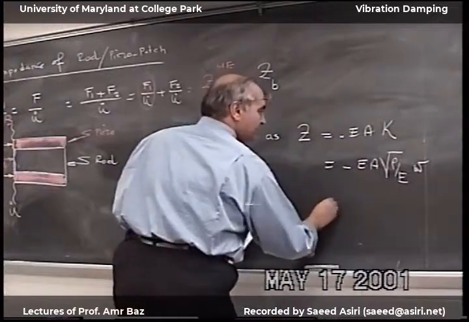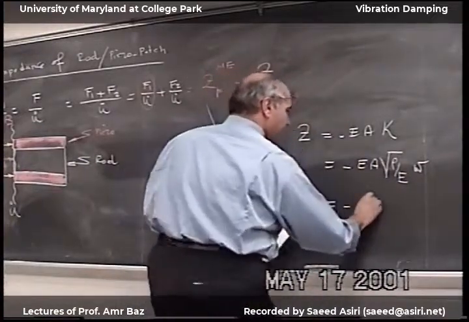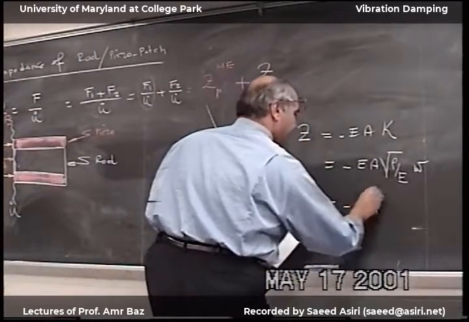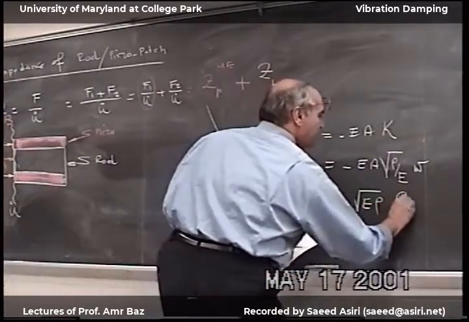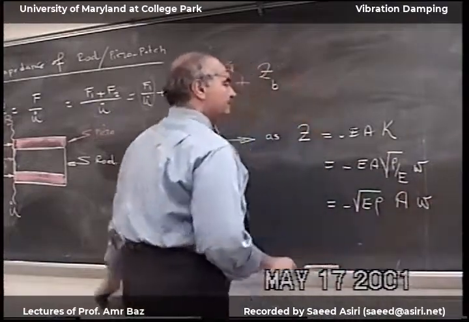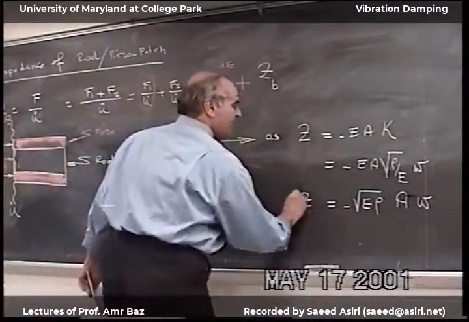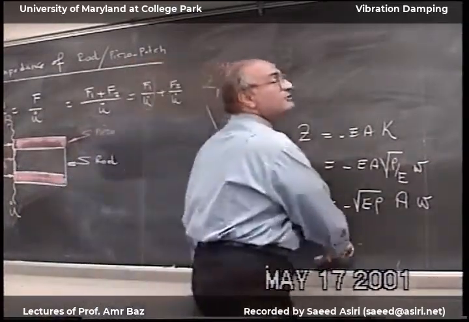Then this will equal minus E rho under the square root times A and omega. So this is Z.